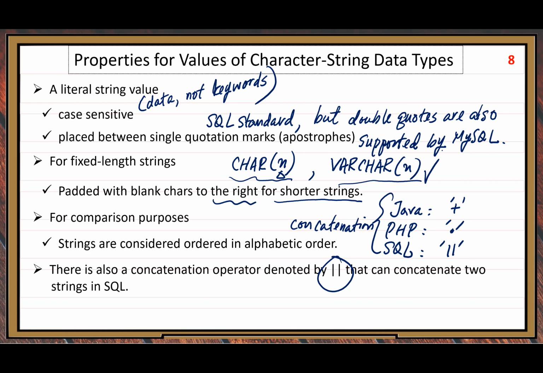Think about when you declare 3,000 characters as the largest size for this field, but you only use 3 characters. You do not have that many characters. Do you need to pad 2,997 blank characters?